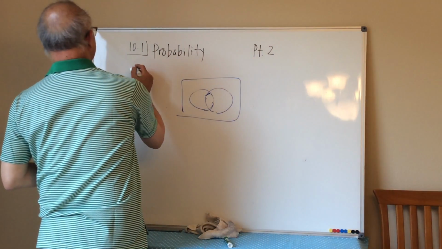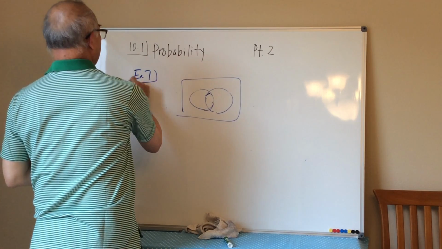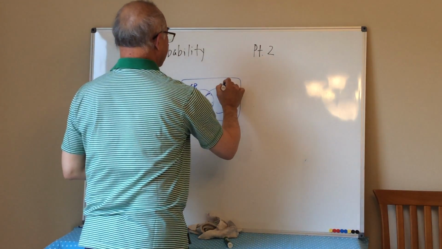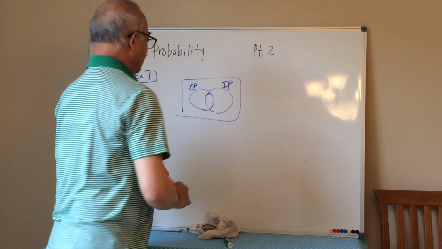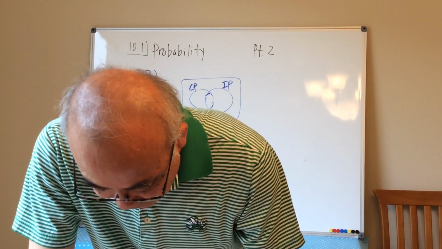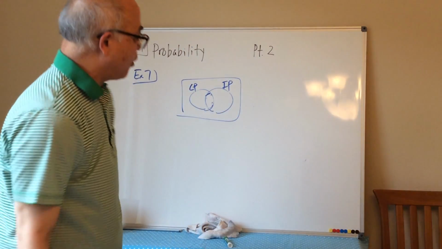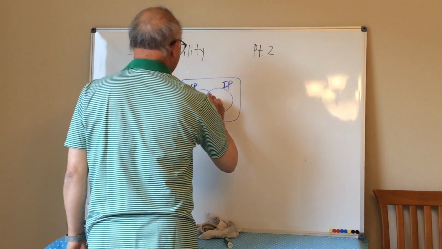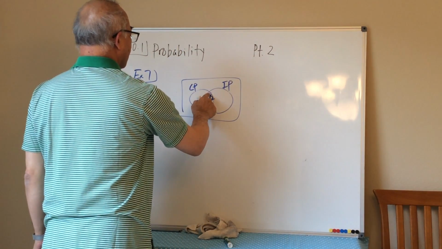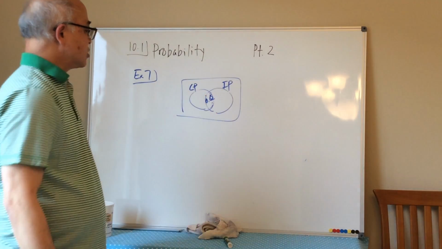So this is cell phone and this is iPod. What is the percentage of people who have both of them? 62% have both, so the middle is 0.62.